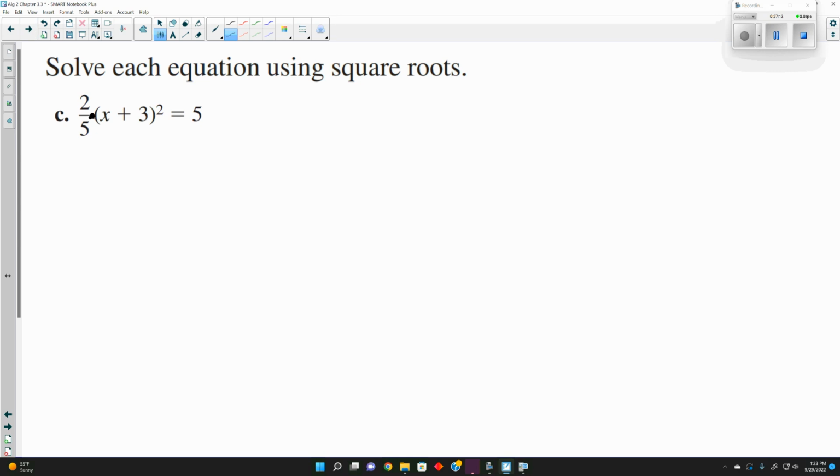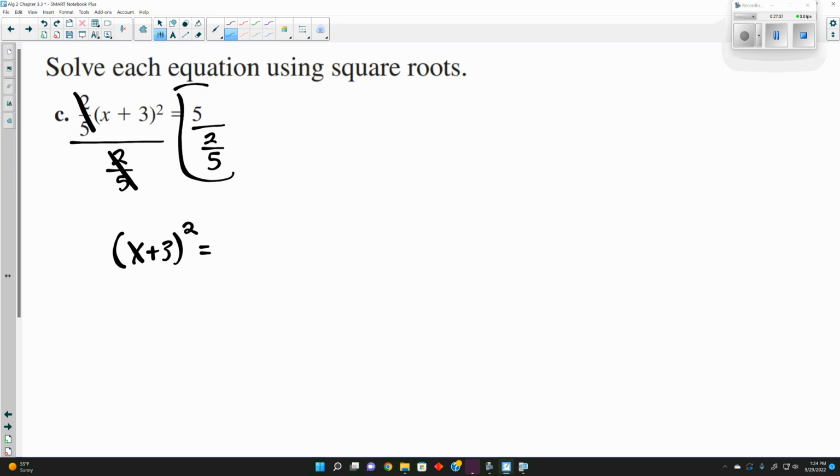So the 2/5 and the parentheses are being what? So we can divide, or we can multiply by its reciprocal. So I can multiply it by 5/2, or I can divide both sides by 2/5, because these would be telling me that x plus 3 squared is equal to, we can type that in a calculator.